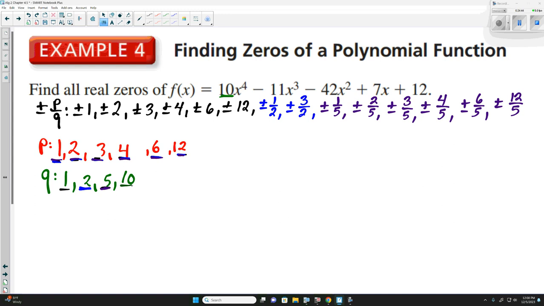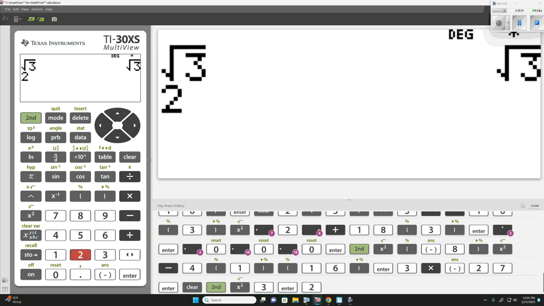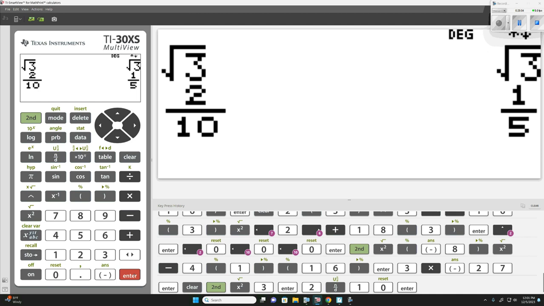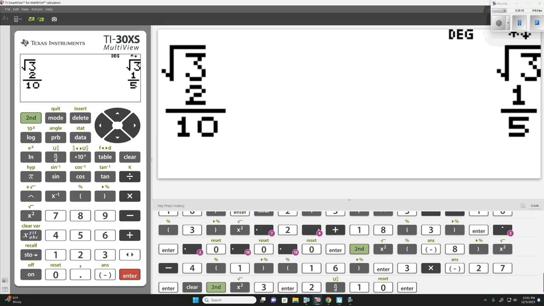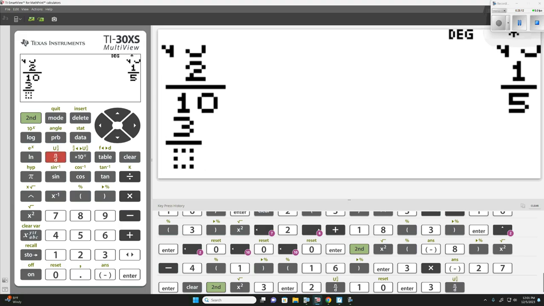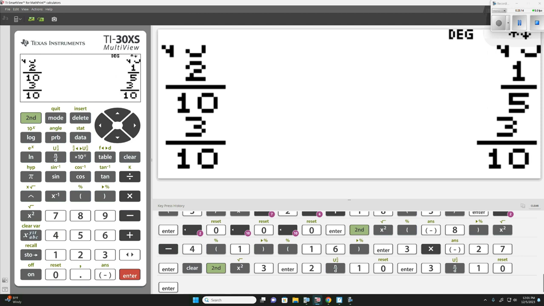Now again, we're going to repeat this process. 1 divided by 10 is plus or minus 1/10. 2 divided by 10, well, 2 and 10 do have a common factor of 2. And again, we could be doing these in the calculator. 2 over 10 is 1/5. We already have 1/5 listed. 3 over 10 is 3/10.